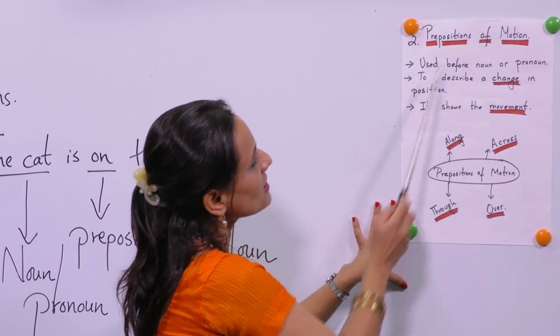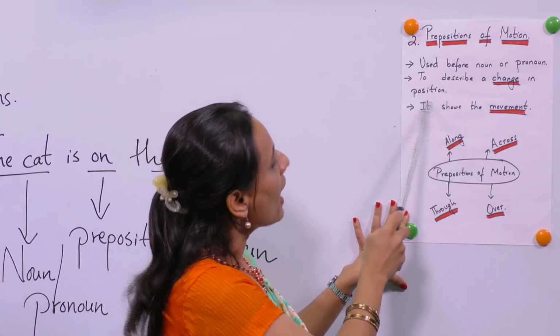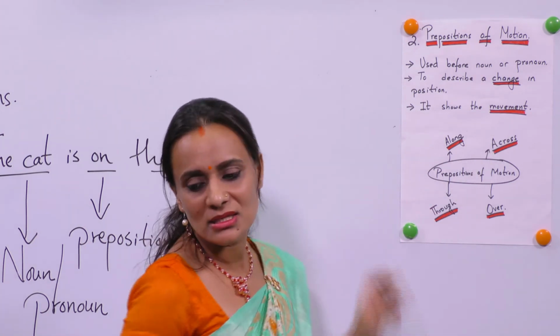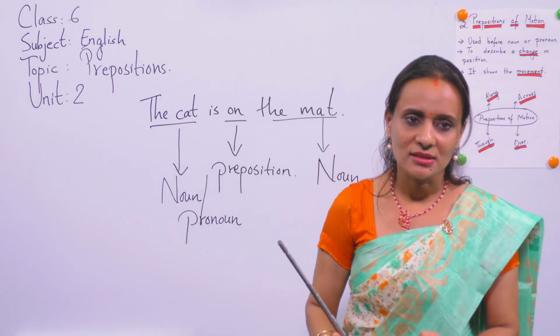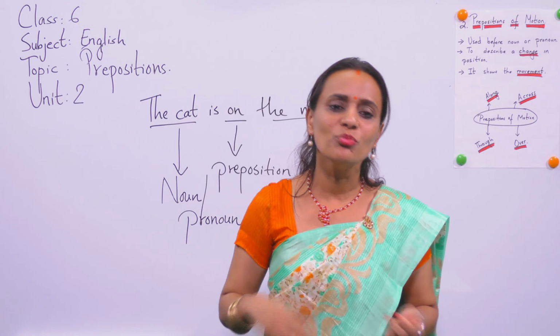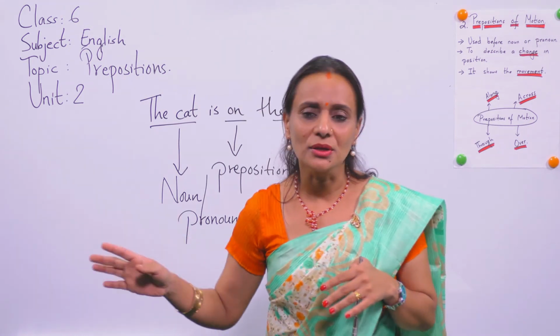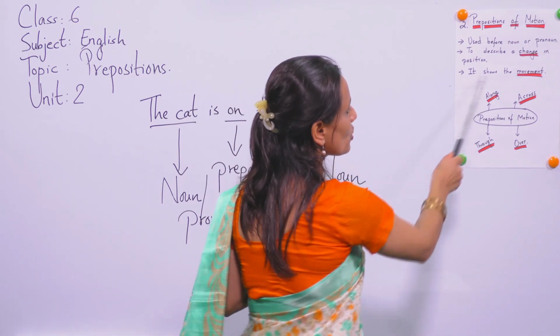Now, it is used to describe a change in position, and it shows the movement. That means in preposition of place, the object remains constant, but here the object moves from one place to another. And it shows the movement.